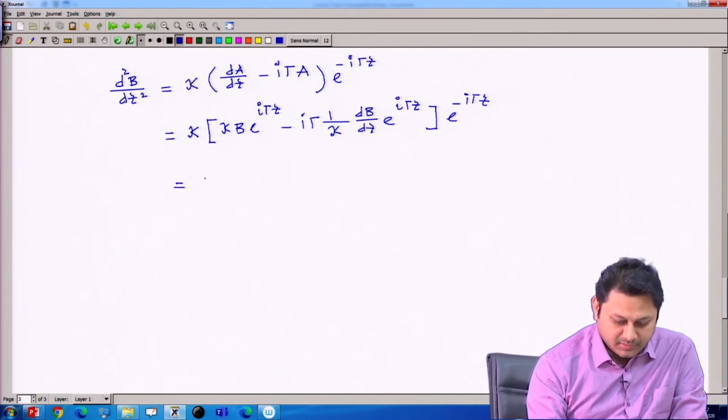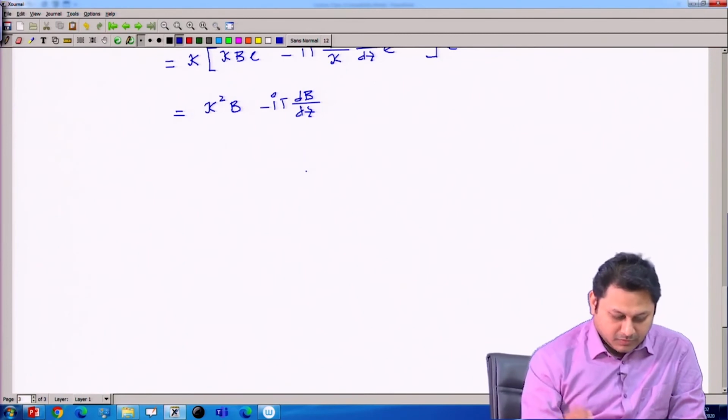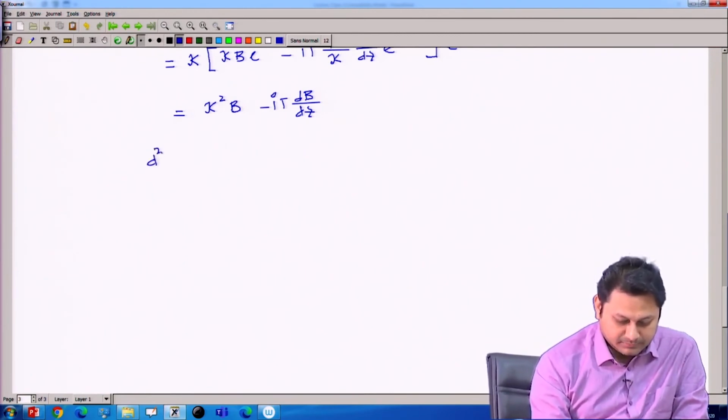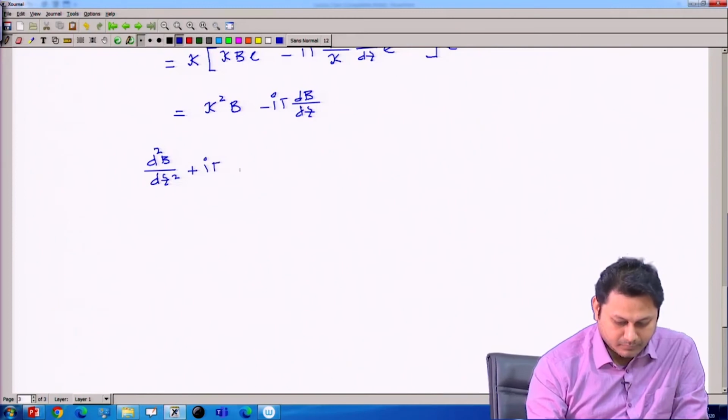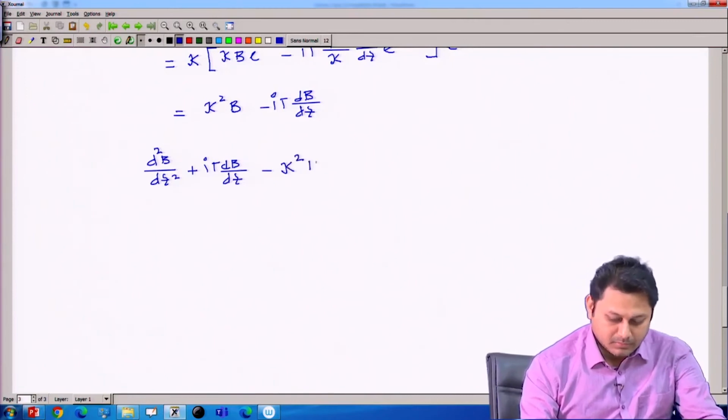So, this simplifies the equation as, and then minus kappa square B is equal to 0.